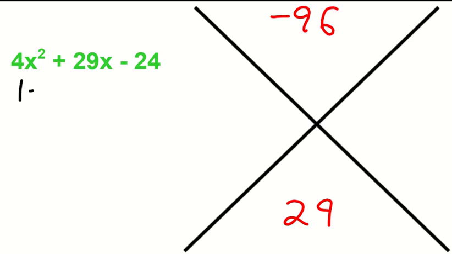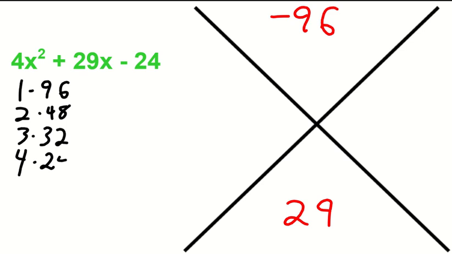So we got 1 times 96, it'd be 2 times 48, 3 times 32, 4 times 24, 6 times 16, 8 times 12, and I'm pretty sure that's it.